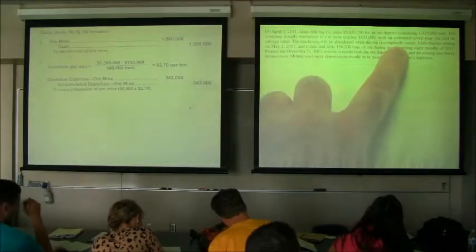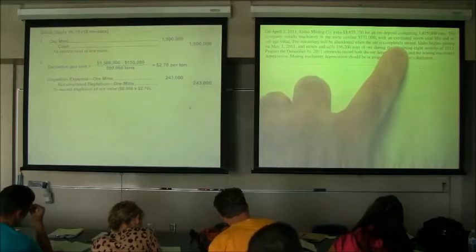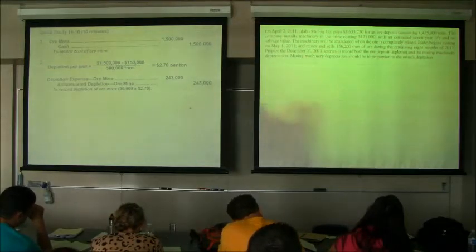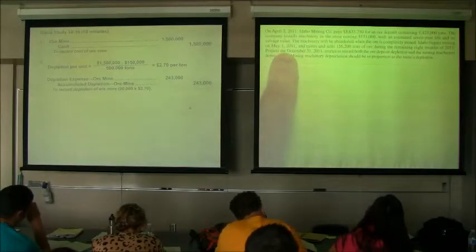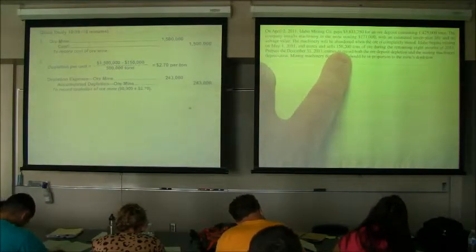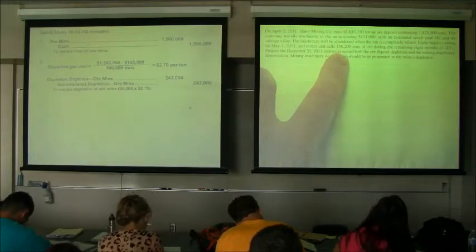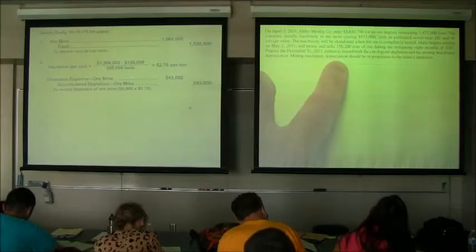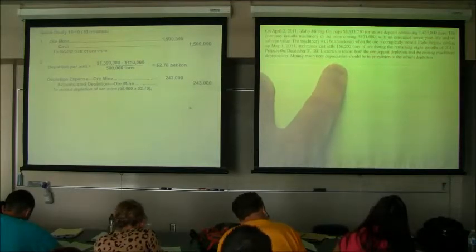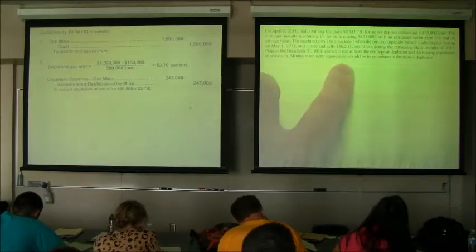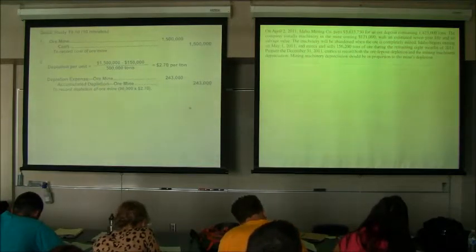So in that case, it's on the same basis as the mine. Idaho begins mining on May 1st, 2011, and mines and sells 156,200 tons of ore during the remaining 8 months of 2011. Prepare entries to December 31st, 2011, for both the ore deposit depletion and the machinery depreciation. Mining machinery depreciation should be in proportion to the mine's depletion.